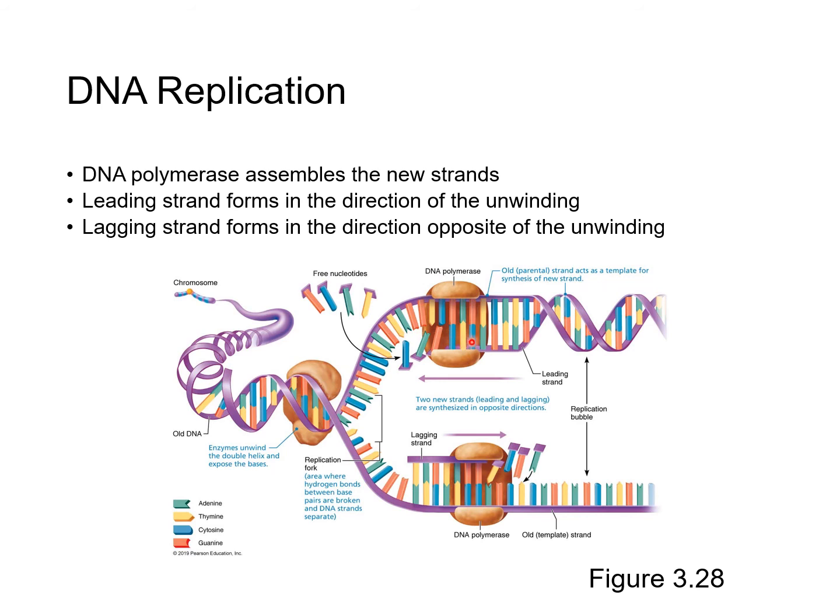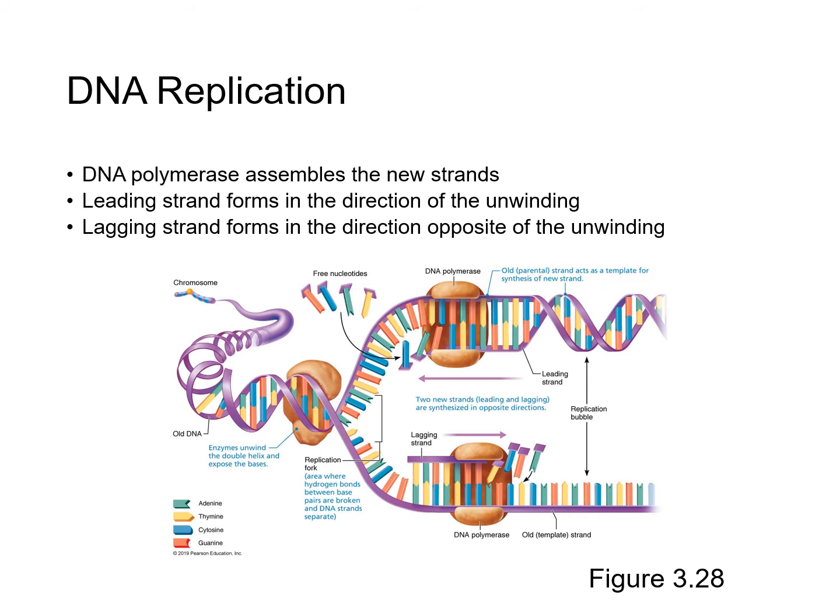With these two strands now pulled apart, a second enzyme is going to come in called DNA polymerase. And DNA polymerase is going to use our old strands as templates, and it's going to come in and assemble complementary nucleotide bases on the new strand here, as you can see. Now notice that these two new strands are being produced in opposite directions.